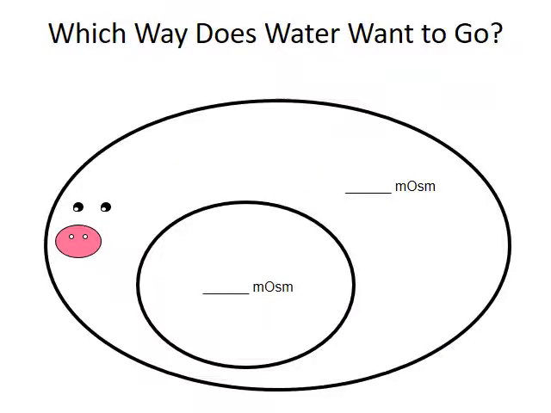So we think about a cow. Here's our generic cow. We've got a happy little face here. We've got the rumen right here, and then the whole body surrounding that rumen. So we think about which way water wants to go. If we have the isotonic body at 290, and the rumen at 260, solutes are removed, put in the blood, passed out in the urine, recycled through the salivary gland.